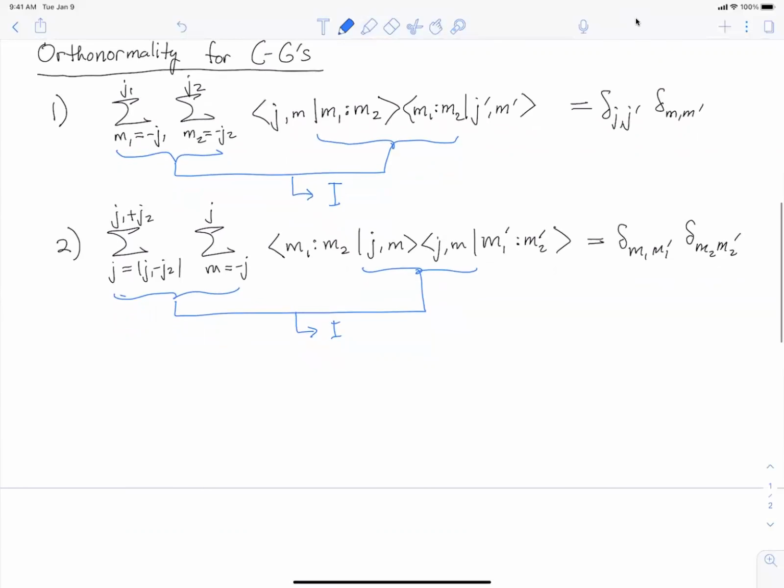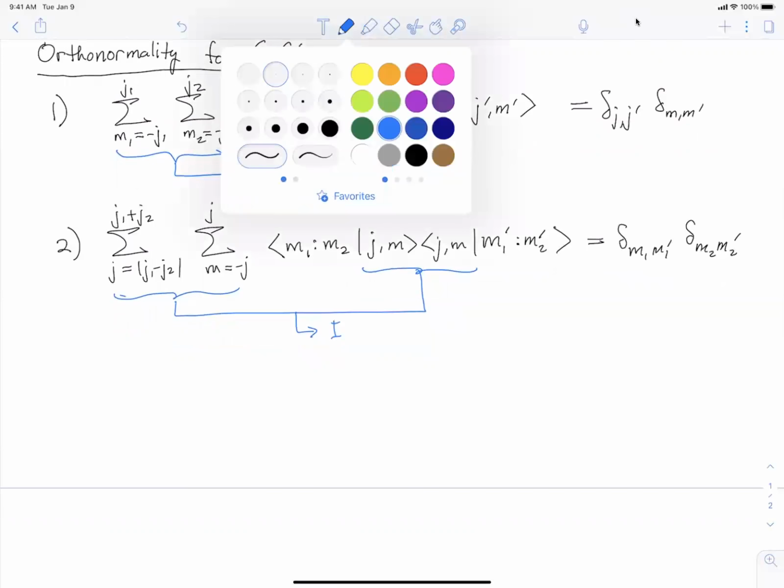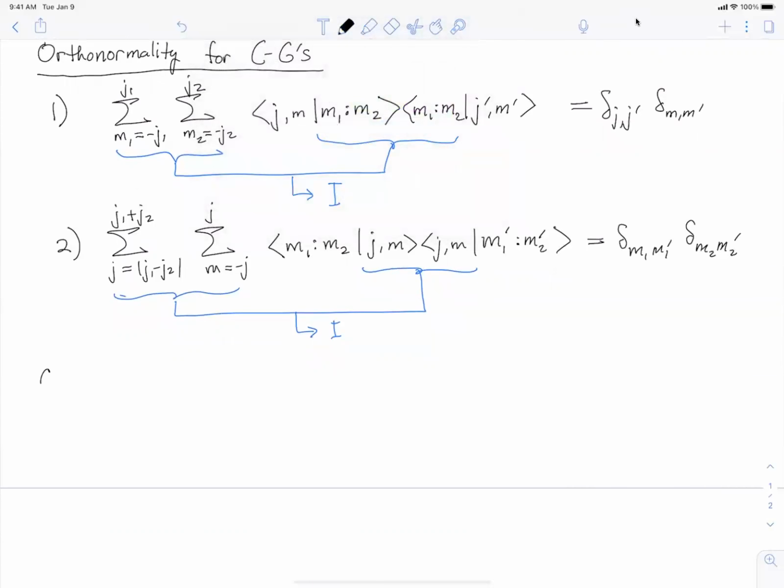So there are some other conditions on the Clebsch-Gordon coefficients that we can write down, some of which we've seen before in action. So one is called the triangle rule. The triangle rule is a condition that tells you when the Clebsch-Gordon can be non-zero.